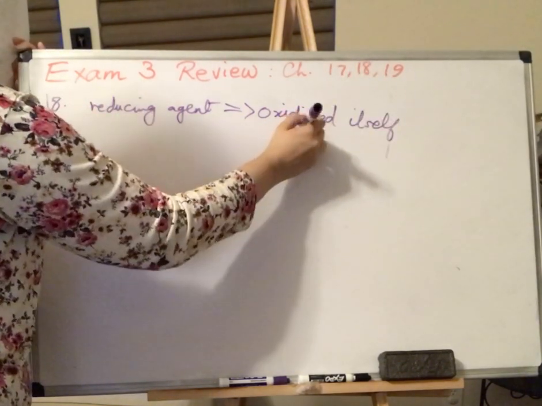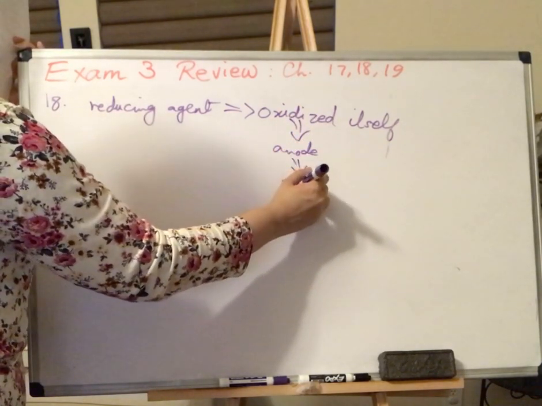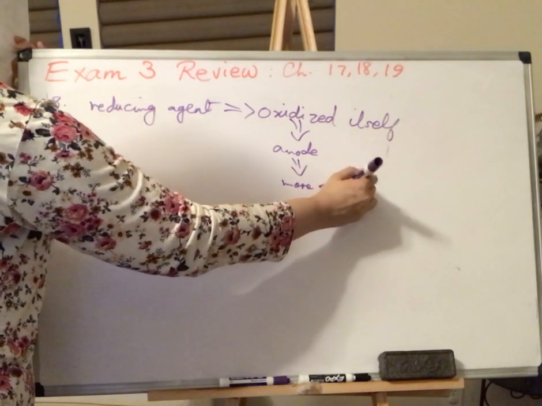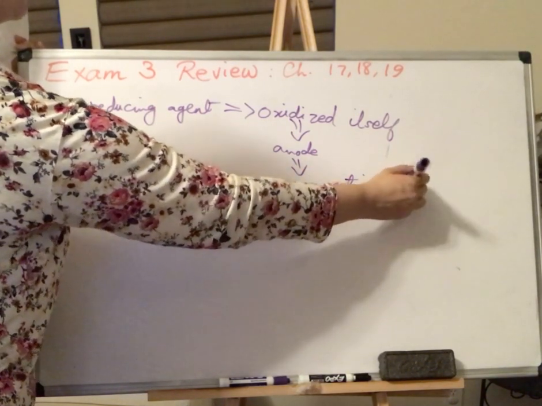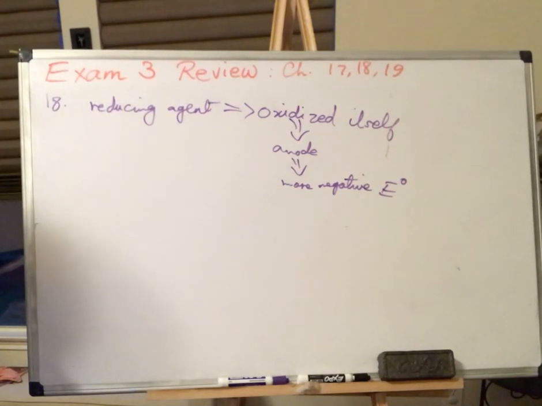Oxidation happens where? In the anode, right? And so we have to have more negative standard potential for the electrode. So which one has the most negative? Isn't it manganese? Yes. So D is the correct answer. Manganese.